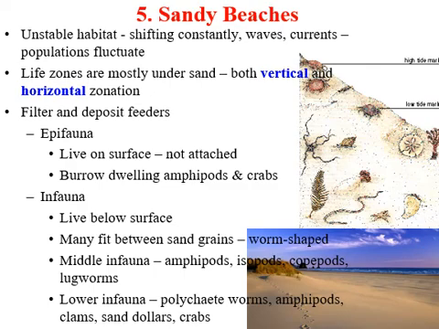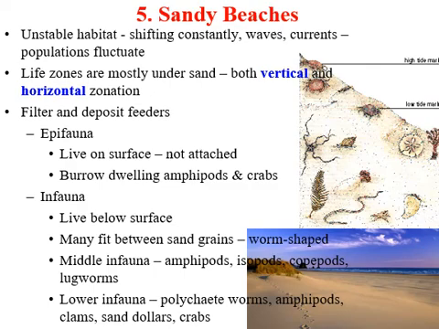But this is a soft sediment, nothing to attach to. So there aren't a bunch of mollusks and algae and things that rely on hard substrate to attach to. There's a lot of burrowing things. So there's a lot of these invertebrates that we looked at earlier.